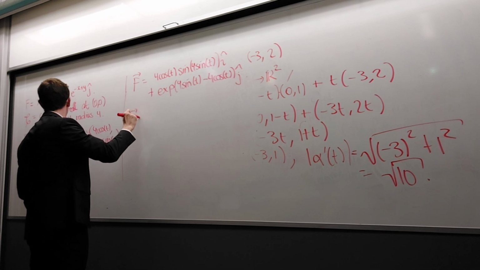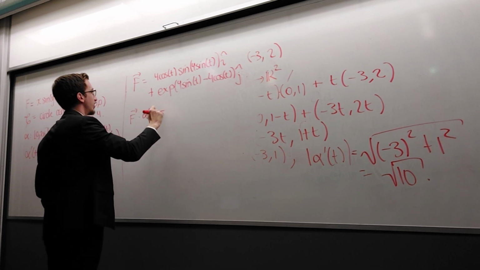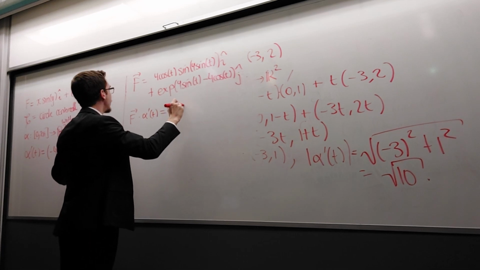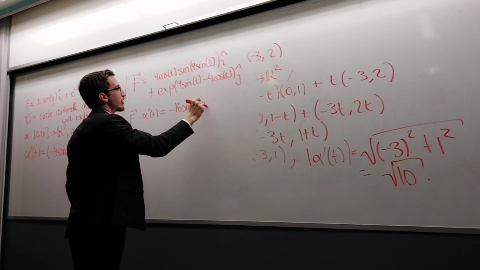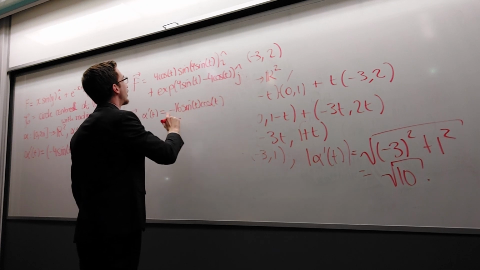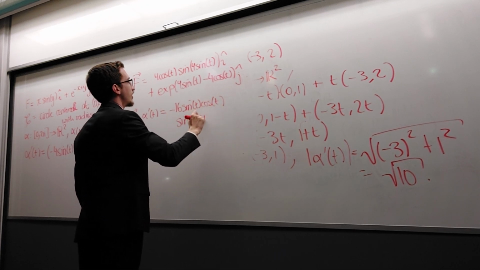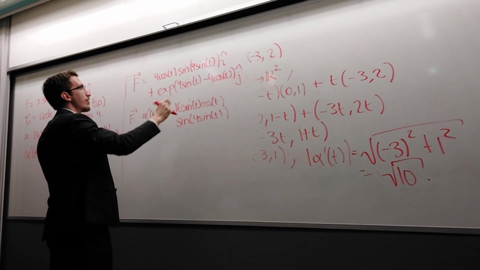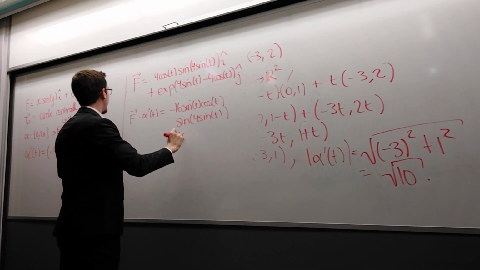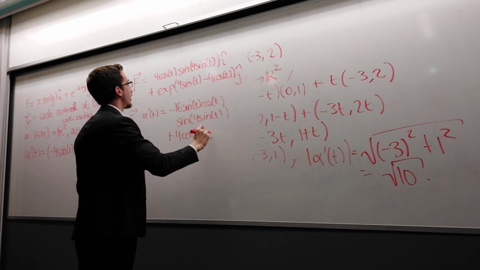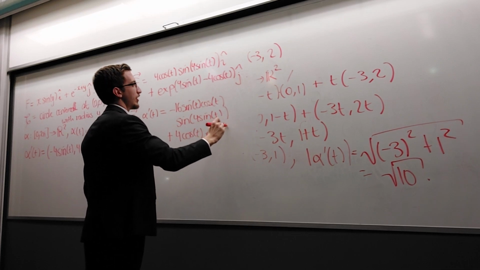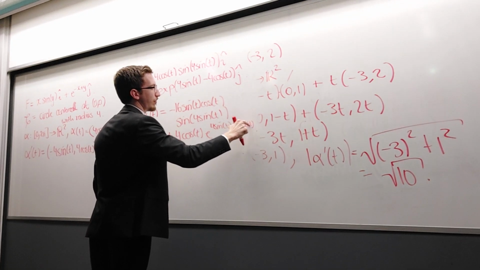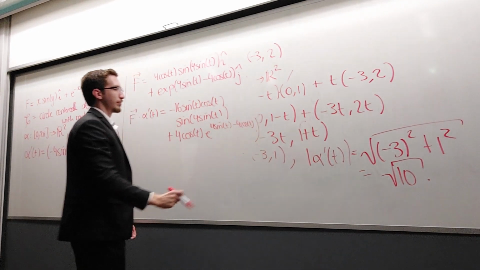So f dot alpha prime of t is going to be minus 16 sine t cosine t sine of 4 sine t, and then plus 4 cosine t e to the 4 sine t minus 4 cosine t. So it's equivalent to the norm sort of in a way.